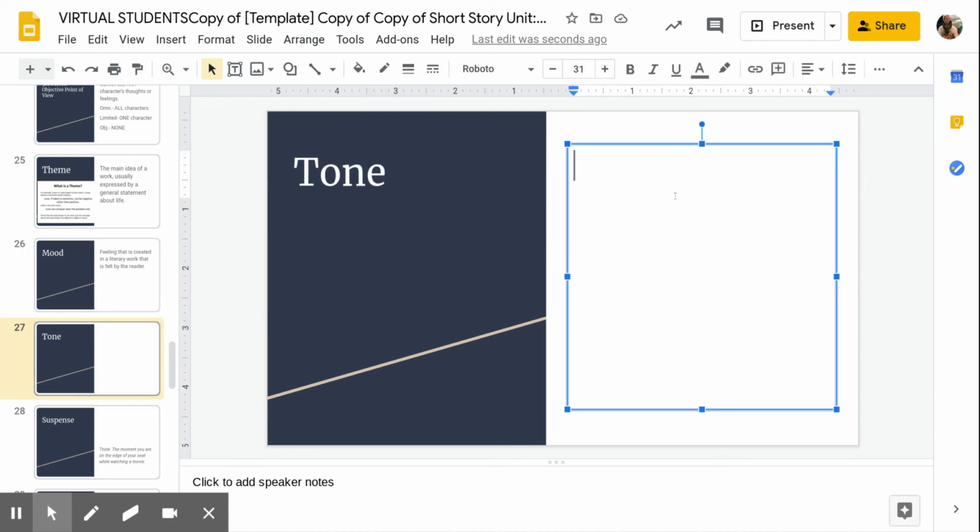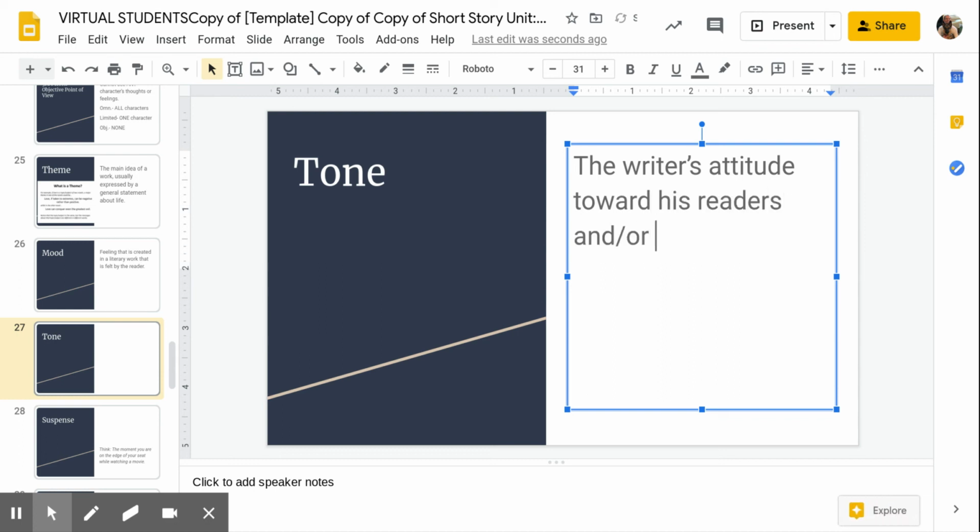Tone is simply the writer's attitude toward his readers and or subject. The tone's a lot easier to understand through words, because a lot of times you can just tell if someone's angry.